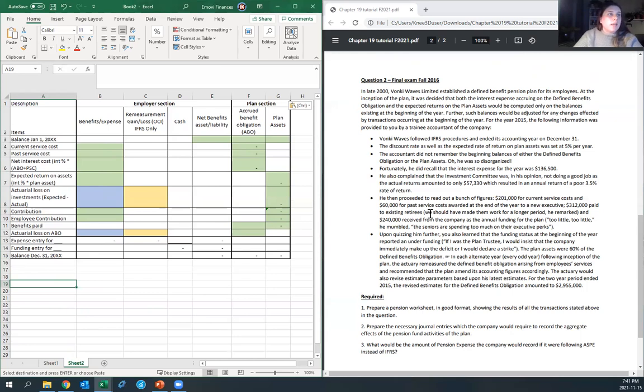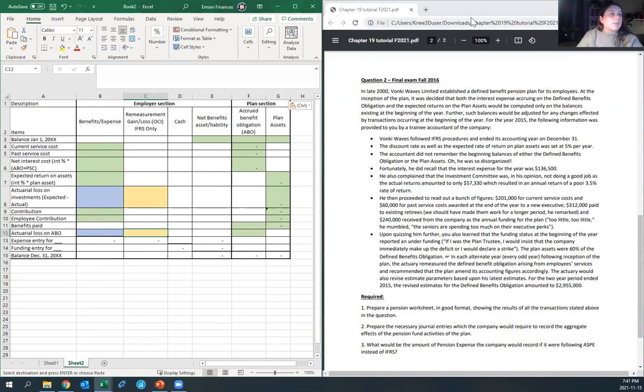For the year 2015, the following information was provided to you by a trainee accountant of the company. So I'm going to do it as we go through this, like the pension worksheet. So Wonky Waves followed IFRS procedures and ended its accounting year on December 31st. So we're going to use the OCI now column because they're using IFRS.